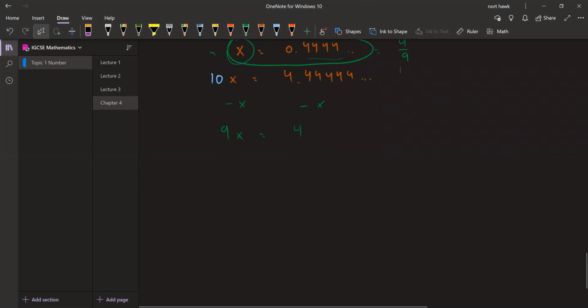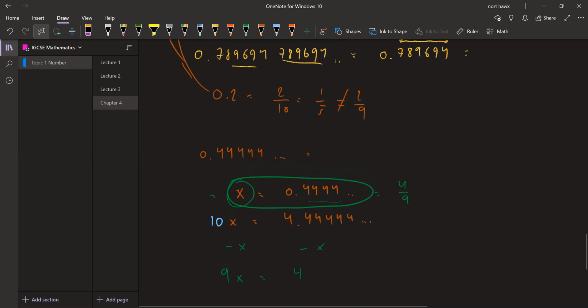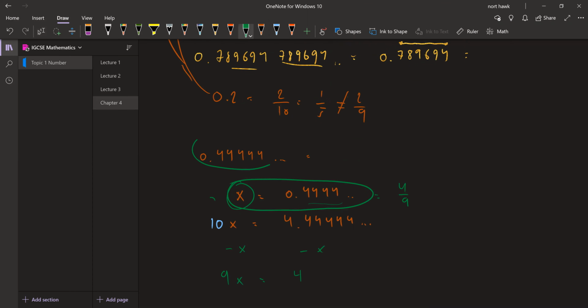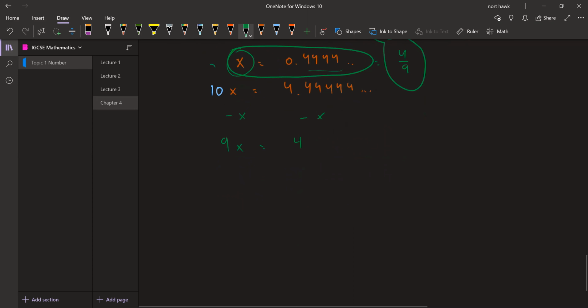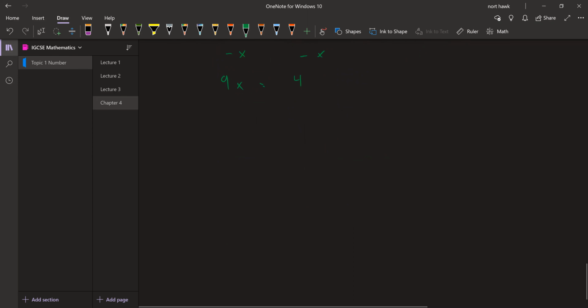Now, since we know already how to convert 0.444 recurring into a fraction, now we should work with the one that does not only have one number repeating.